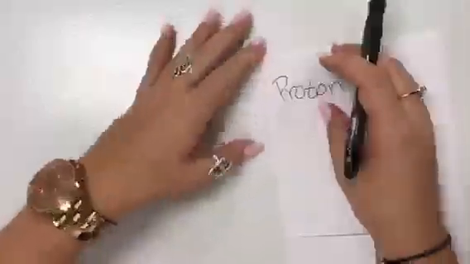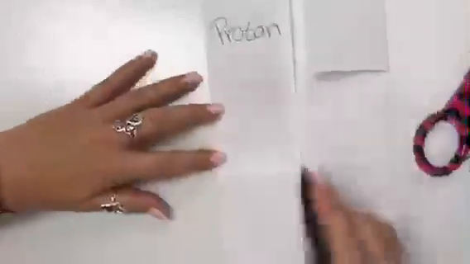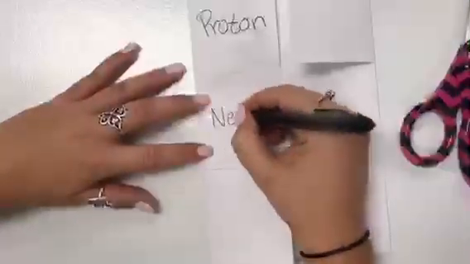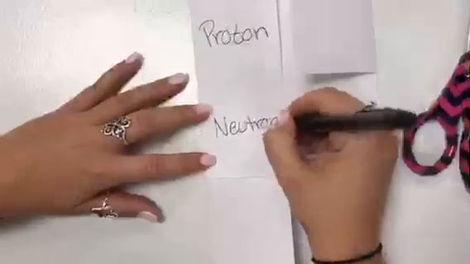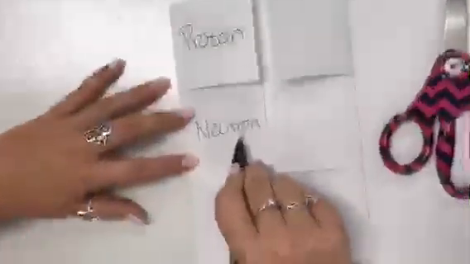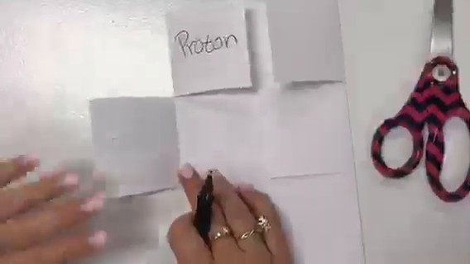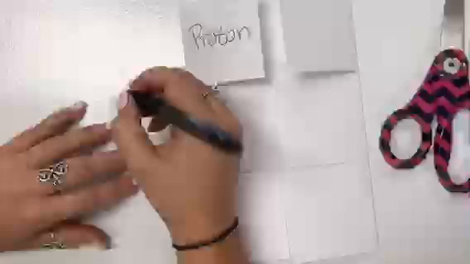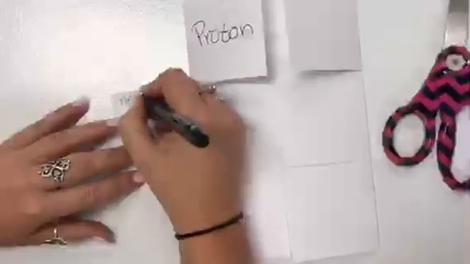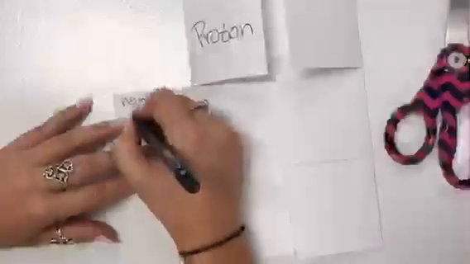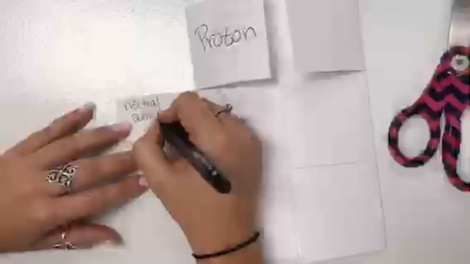Then our next one, we're going to go below proton, is going to be neutron. N-E-U-T-R-O-N. So we're going to open it up, and on the back of the flap, a neutron, I know you're going to want to think it's negative, but it is a neutral subatomic particle.